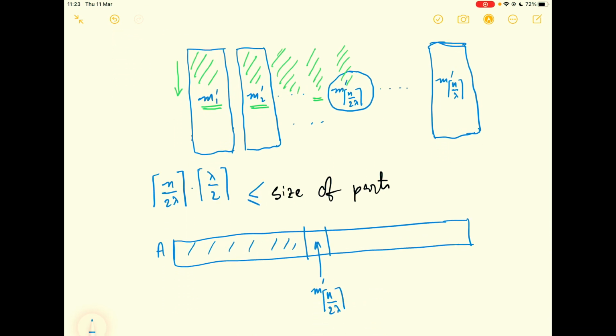Similarly, what is an upper bound? Size of the left part is at least this. What is the upper bound? Can it be as large as n?